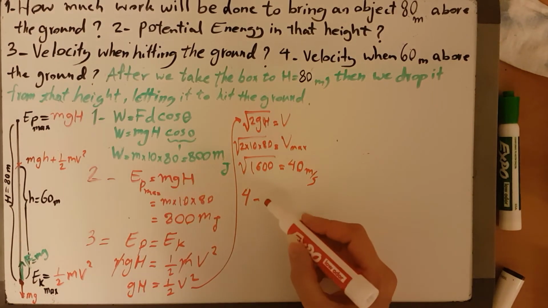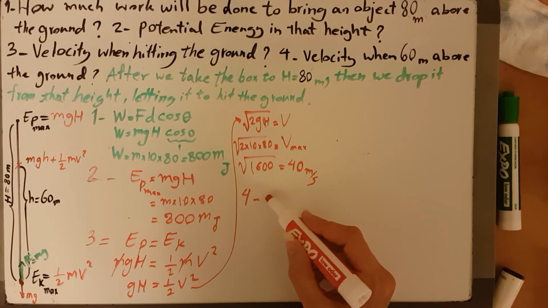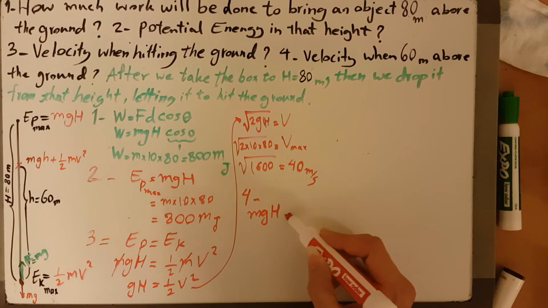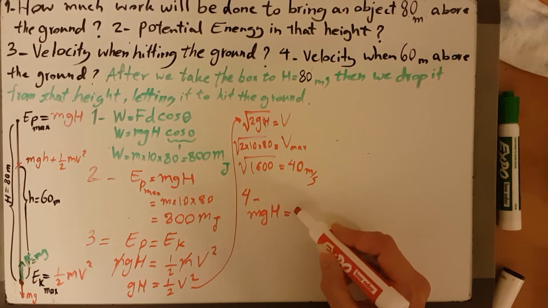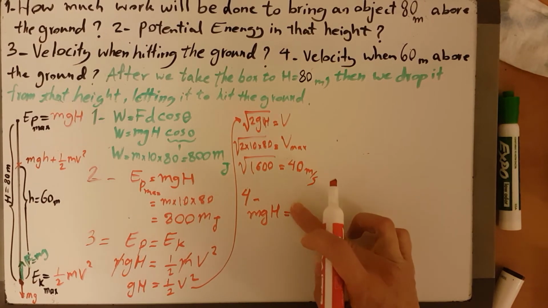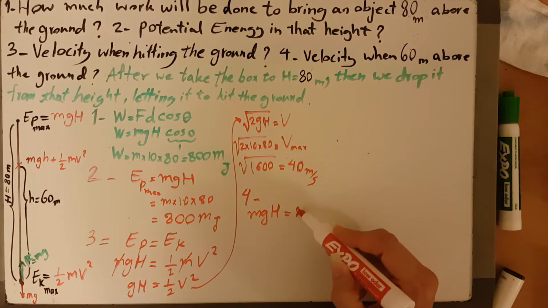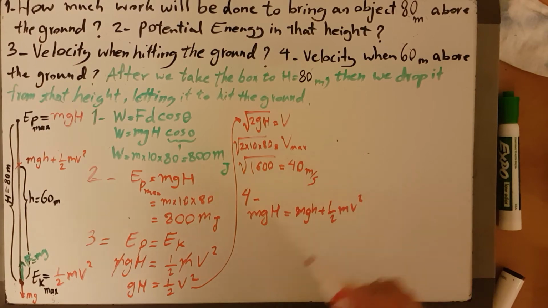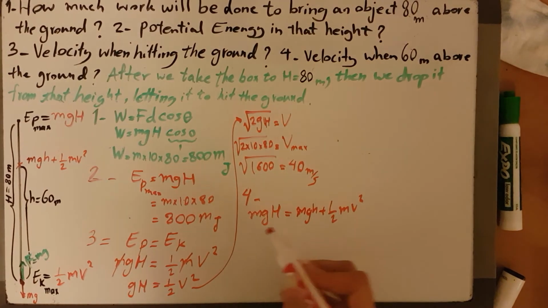I choose this one, which is easier for me at this point. So I will have mgh maximum equals mgh plus this one. These are not maximum, but this is the maximum.